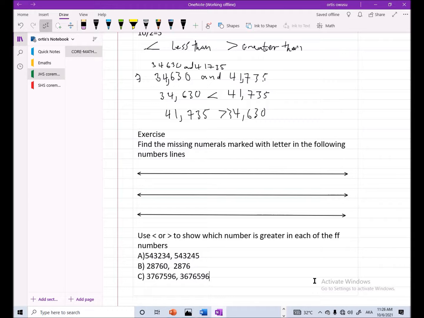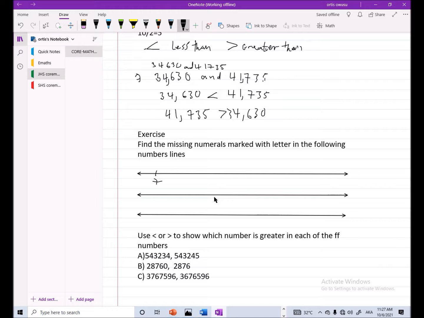All right, so now let's do this number line. Let's dress the number line well for the exercise. So where's my pen? Okay, so now let's do it. Okay, I'm going to use this one. 7 here.